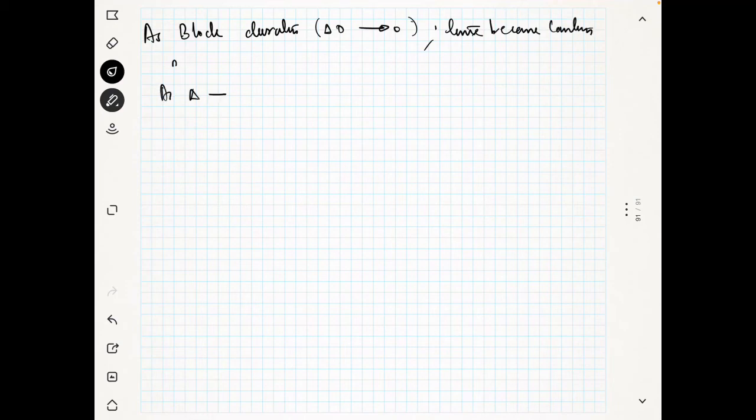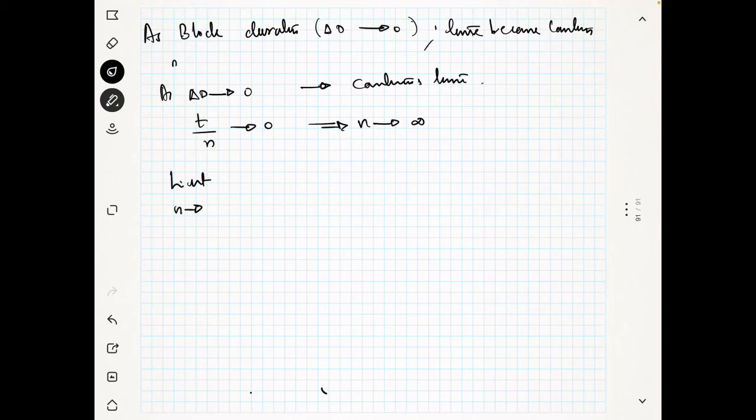As delta t tends to 0, we get continuous time. And as delta t tends to 0, that means t by n tends to 0, so n tends to infinity. So we are going to put here limit n tends to infinity.